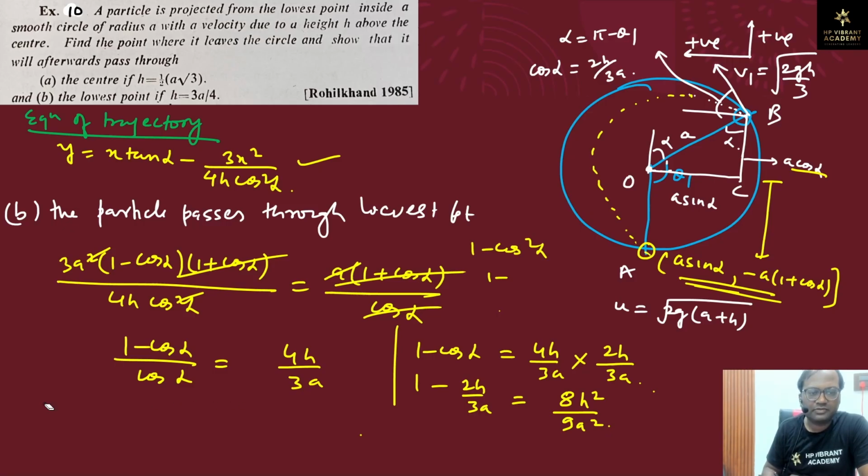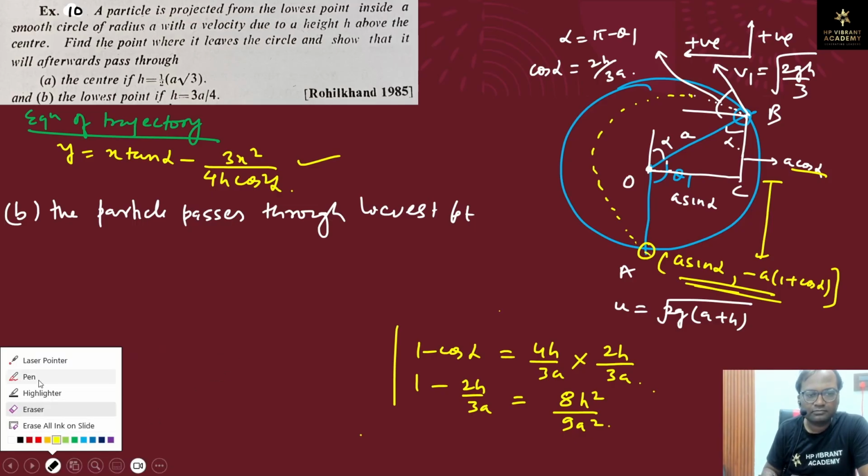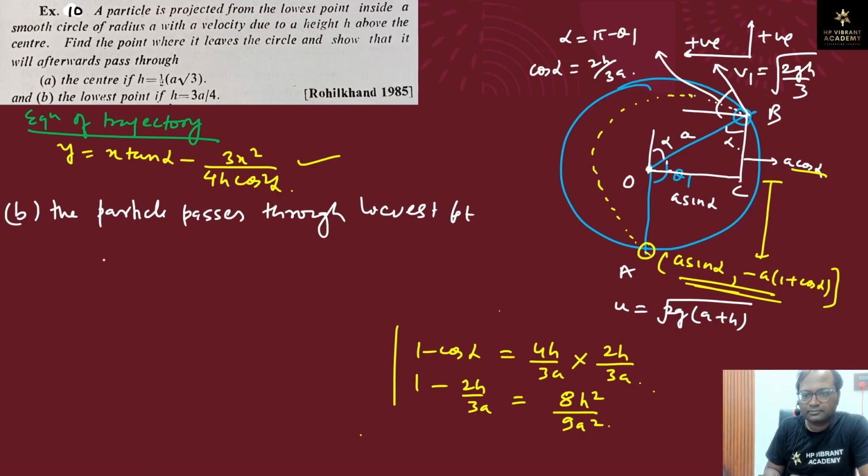Let us further simplify this. So we have 3a minus 2h upon 3a is equal to 8h square upon 9a square. So 3 gets cancelled and a gets cancelled.